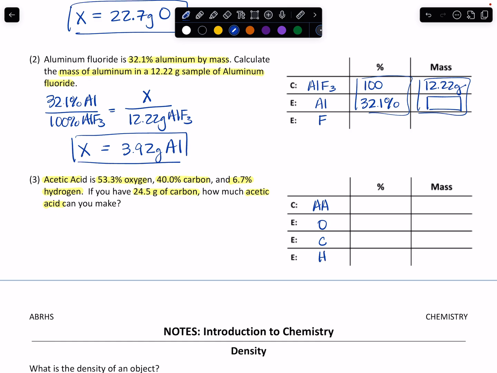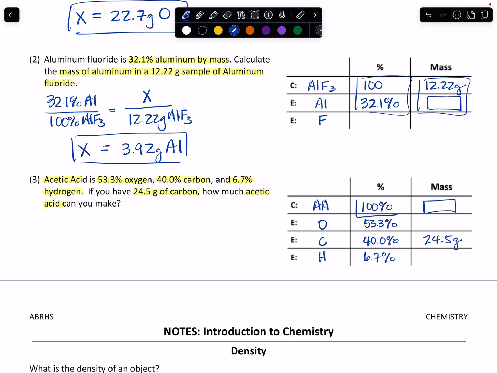We have percentage values, 100% for that acetic acid, 53.3% oxygen, 40.0% carbon and 6.7% hydrogen. We're given 24.5 grams of carbon and asked to find our acetic acid.